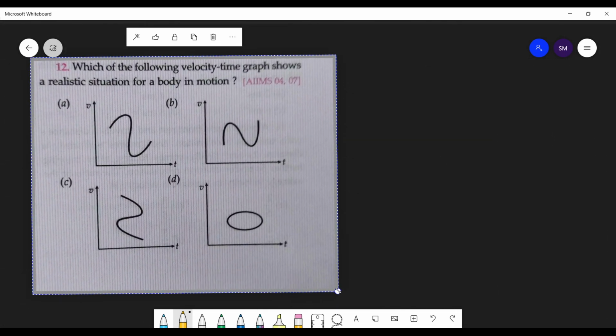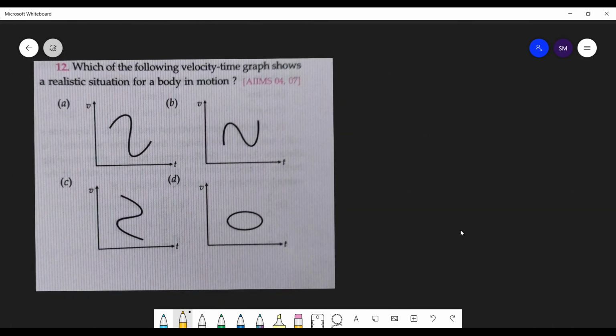Which of the following velocity time graphs show a realistic situation of a body in motion? B. So you can see the questions are even repeated.